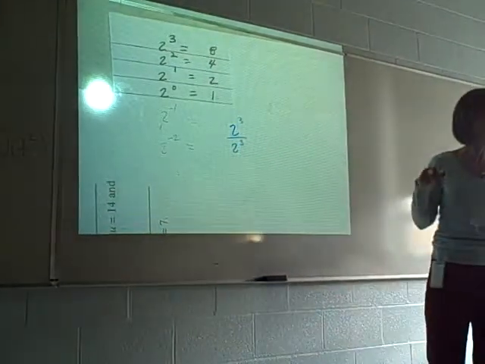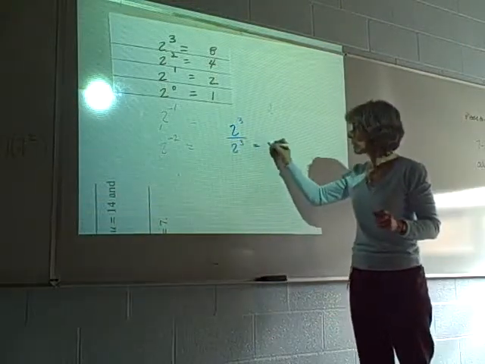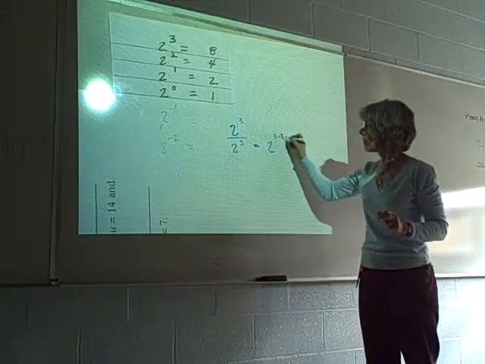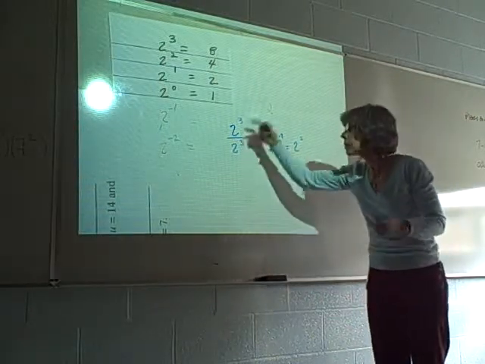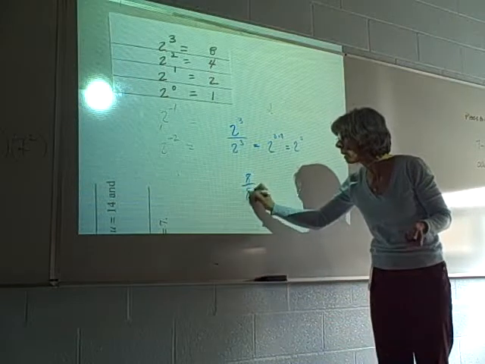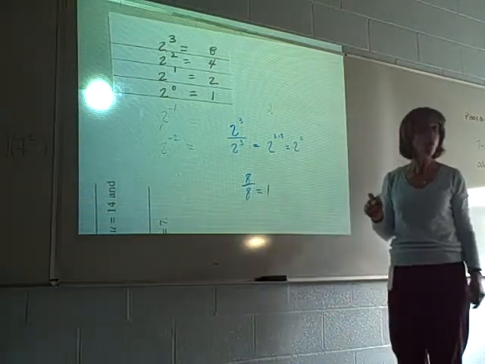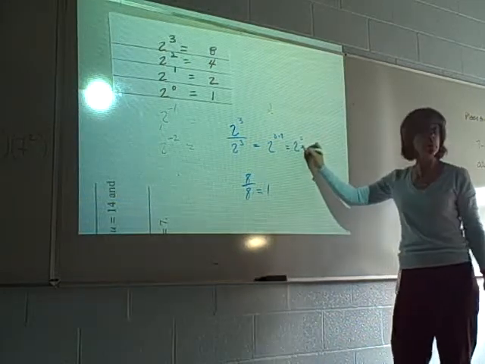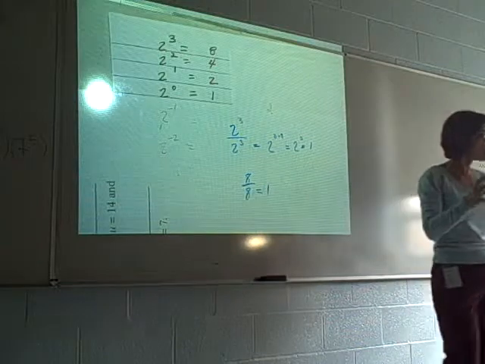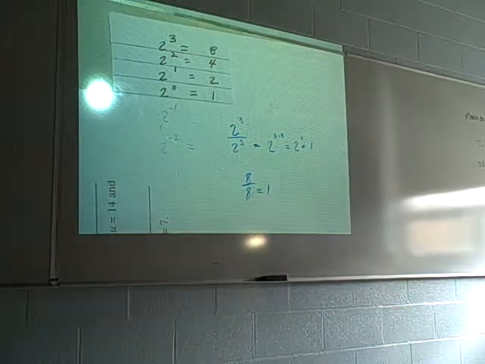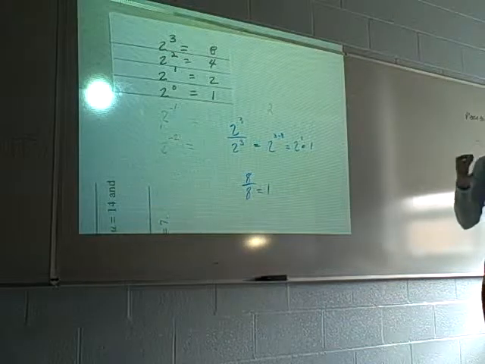What's the rule for division of exponents? Subtraction. So is this true? Yeah. And is 2 to the 3rd equal to 8, and is 8 over 8 equal to 1? So does 2 to the 0 equal 1? Yeah. Okay, so is everybody comfortable that an exponent to the 0 power will always be 1?